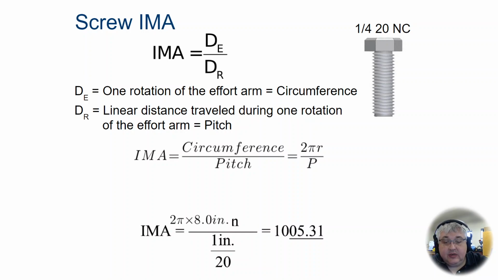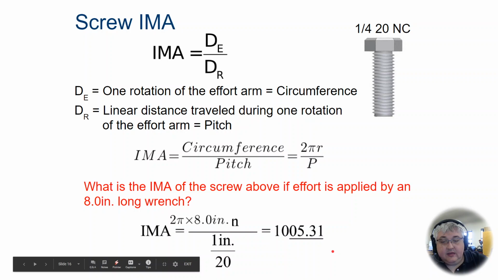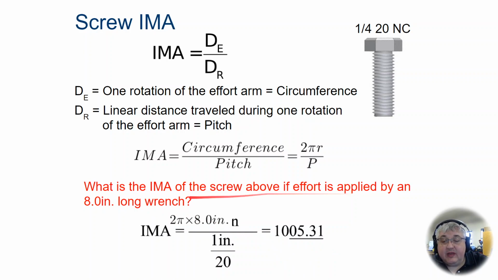So in this case, 1 divided by 20, and then that leaves us, when we calculate it out, I skipped a step, sorry. So what is the IMA of the screw above, with the effort applied by an 8-inch long wrench?